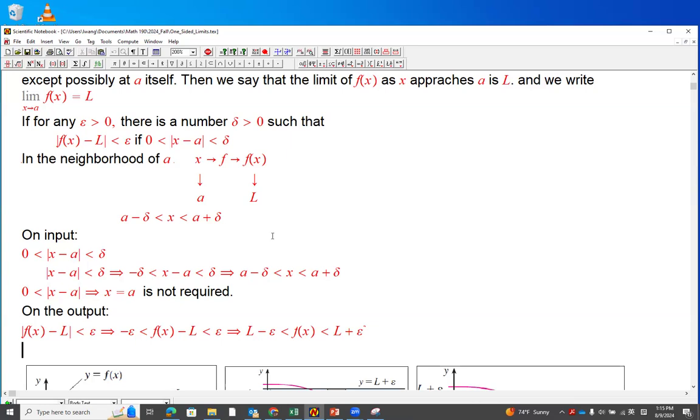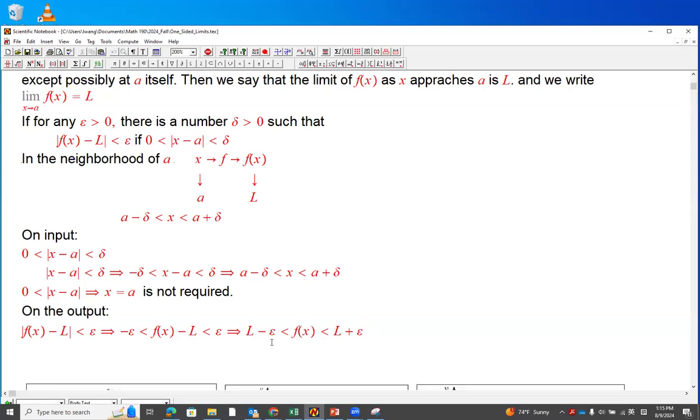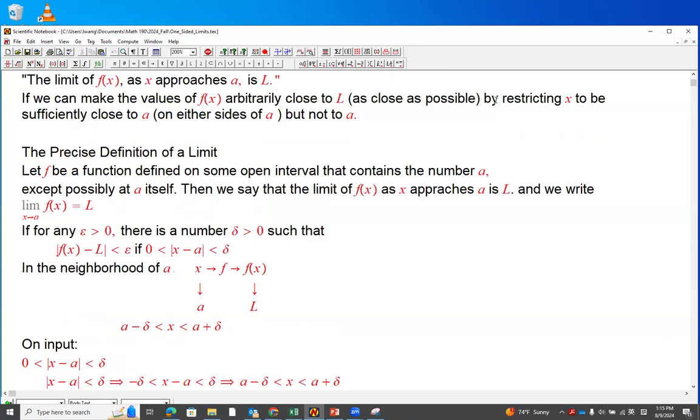So when we say that we want f of x to approach L as close as possible, how close? However close you want, because epsilon is chosen arbitrarily, for any epsilon greater than 0. So we want f of x between these two numbers, and that can be guaranteed by restricting x to be sufficiently close to a.